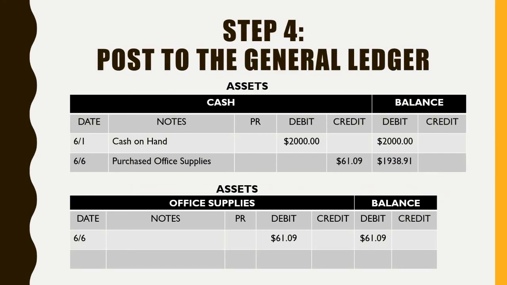Boom. Once you've done that, then we want to go ahead and do step 4, which we have seen before. You're going to post this to your ledger account. Now, a ledger account is a list of all of your accounts with their respective account balances.